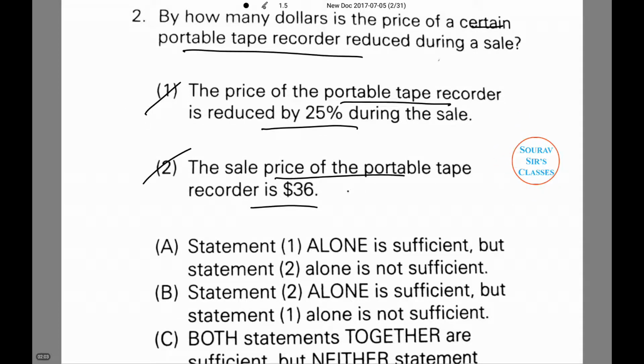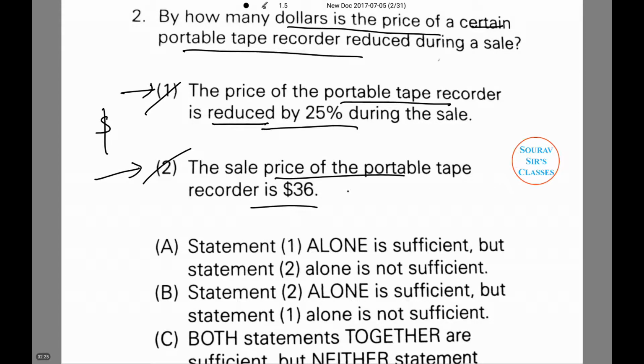Notice that statement 1 tells us the reduction as a percentage, but without any dollar figure. We don't know the exact amount of the reduction, and we are asked how many dollars the price of a certain portable tape recorder is reduced during a sale. Now look at statement number 2.